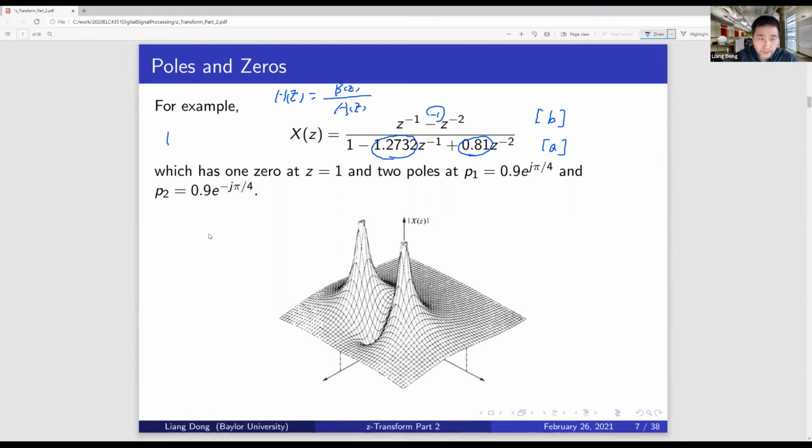When we do H(z) equal to Y(z) over X(z), from here we will get Y(z) times A(z) equals X(z) times B(z).